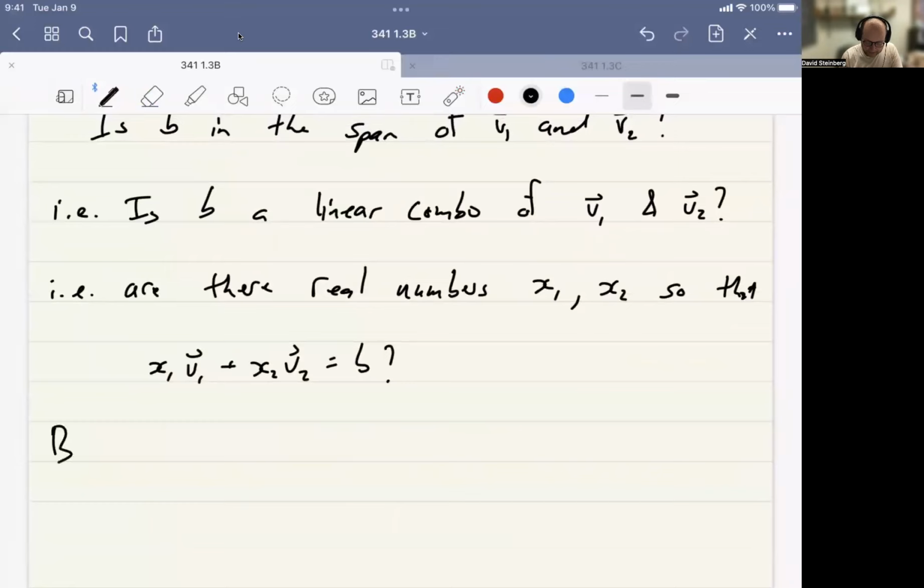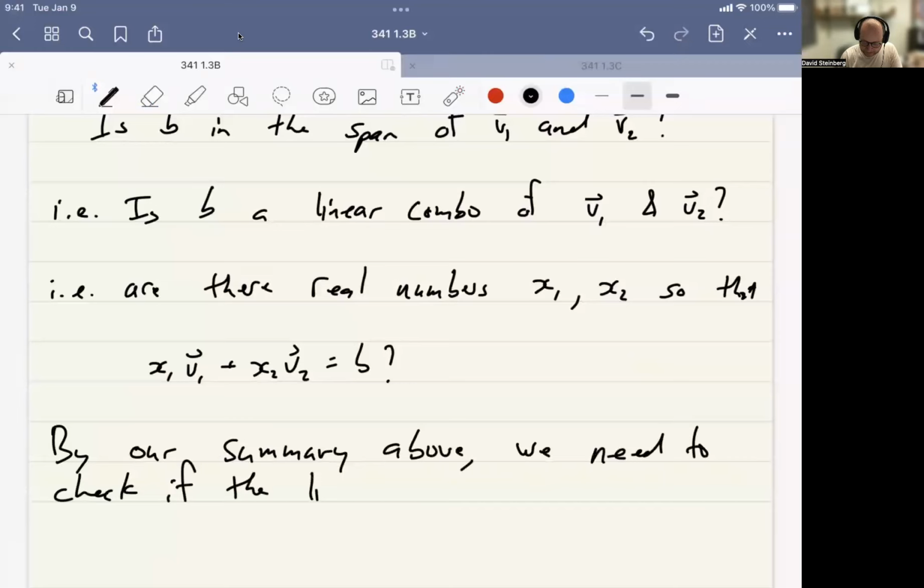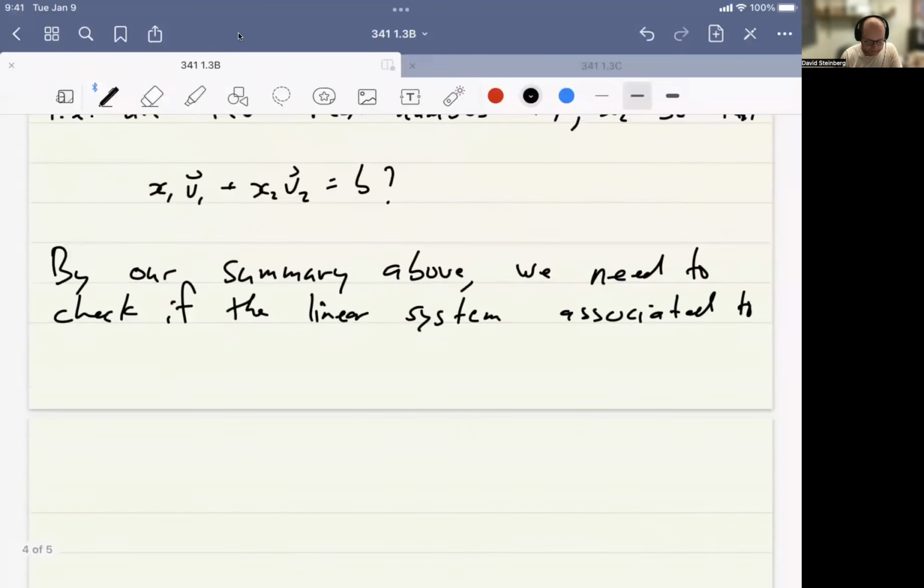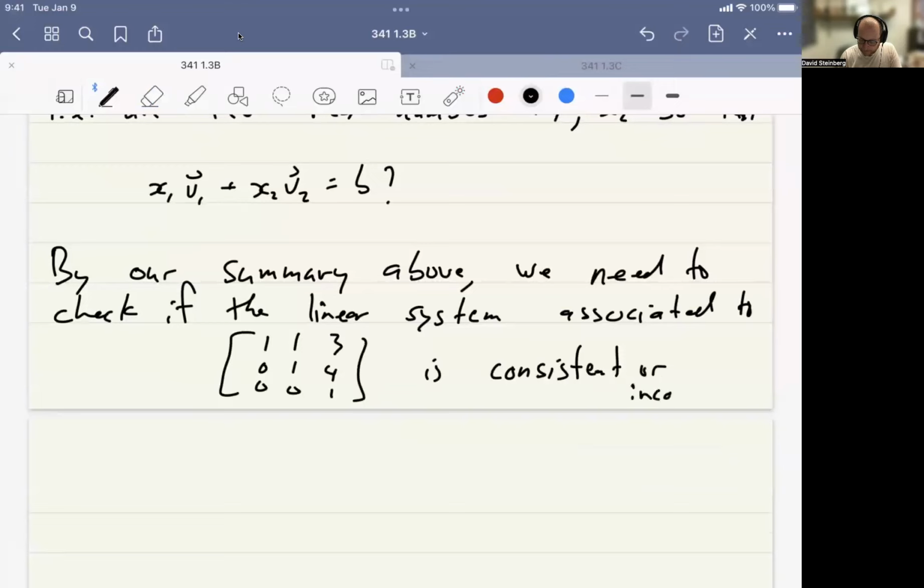So by our summary above, we just need to check if the linear system associated to this matrix, which is 1, 0, 0, 1, 1, 0, 3, 4, 1, is consistent or inconsistent.